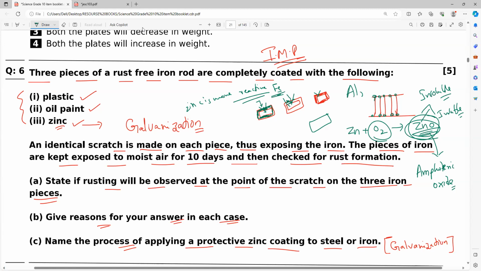Remember Al2O3, aluminium oxide, and zinc oxide are insoluble in nature. Once they form the oxides, further reaction won't be carried out. So that is the reason we cannot observe corrosion even though there is a scratch in the zinc coated iron, but with plastic and oil paint we can.